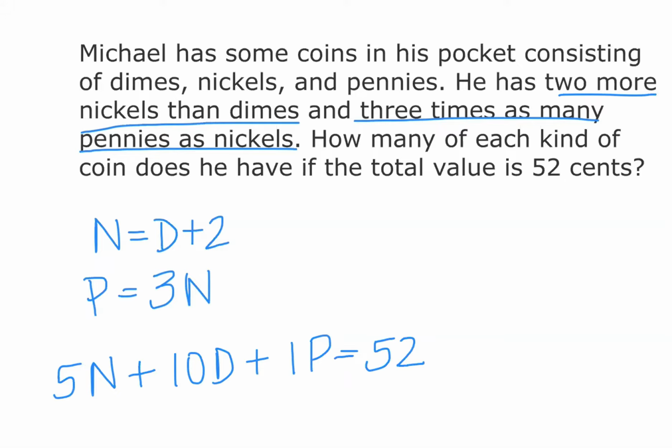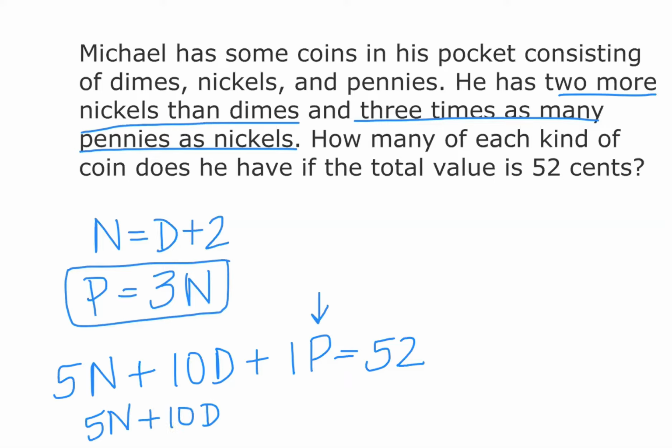So first thing we're going to do is replace this one in here. So 5n plus 10d plus p, we replace this with 3n equals 52.